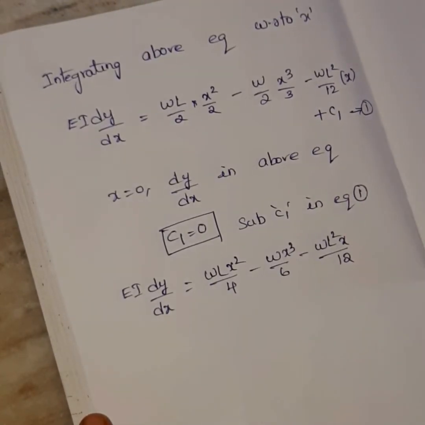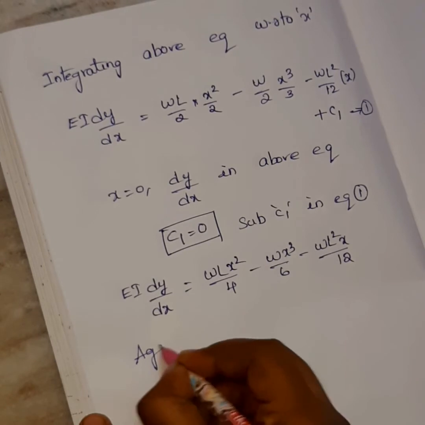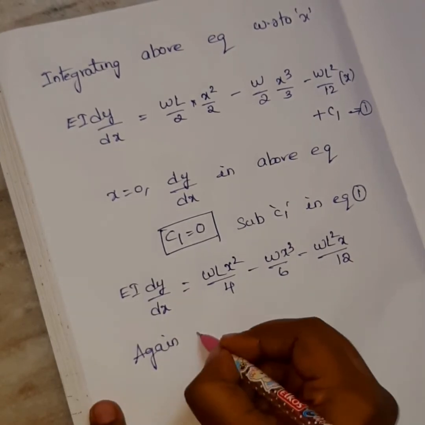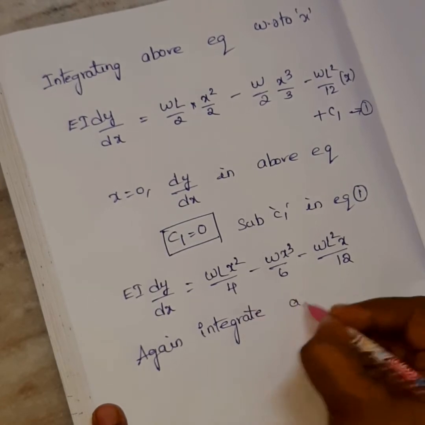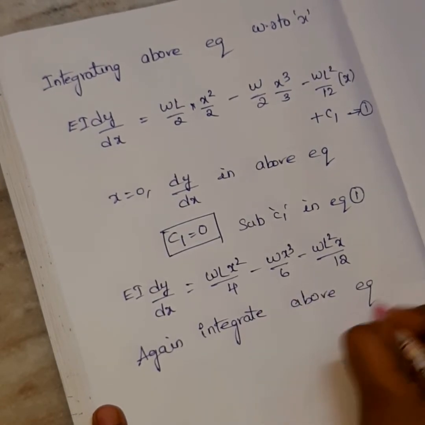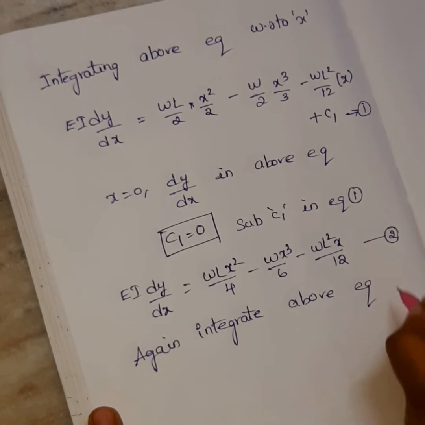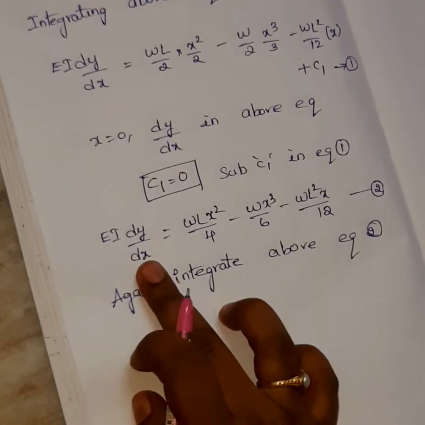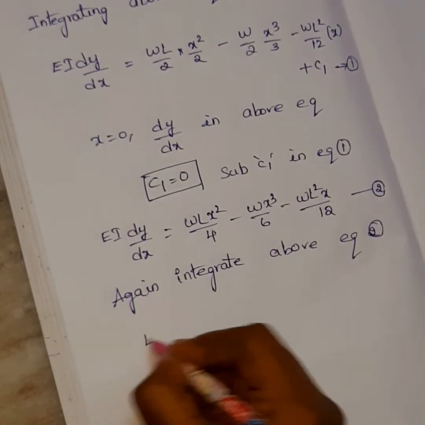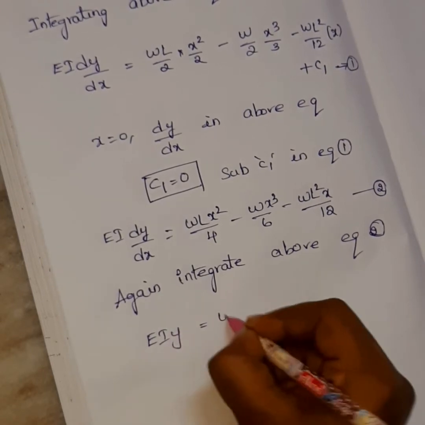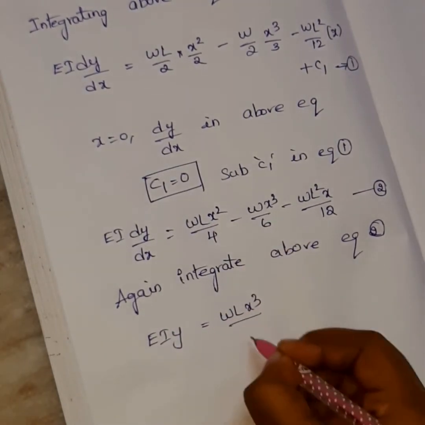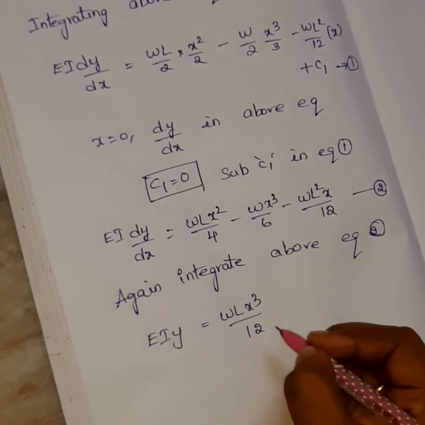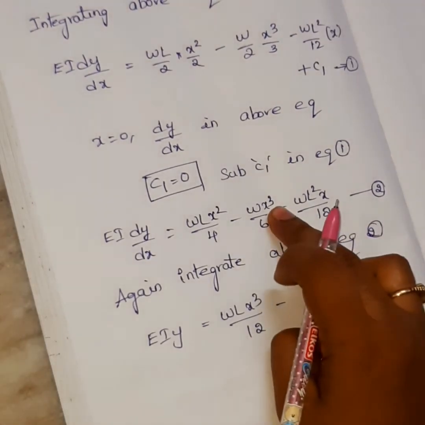Okay, now again integrate the above equation, equation 2 I am keeping. Integral of dy by dx means we will get EI y is equal to x square means x cube by 3, 4 into 3 is 12, minus x cube means x power 4 by 4.